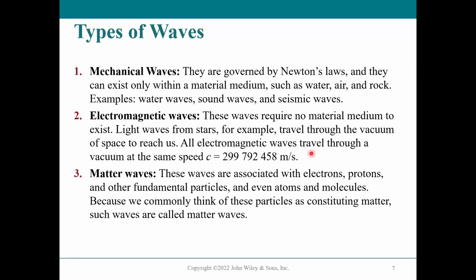The characteristic of electromagnetic waves is that they travel at the same speed, defined by c. c is around 299 million, or 3 times 10 to the power 8 meters per second. This is the speed of light, or the speed of electromagnetic waves.